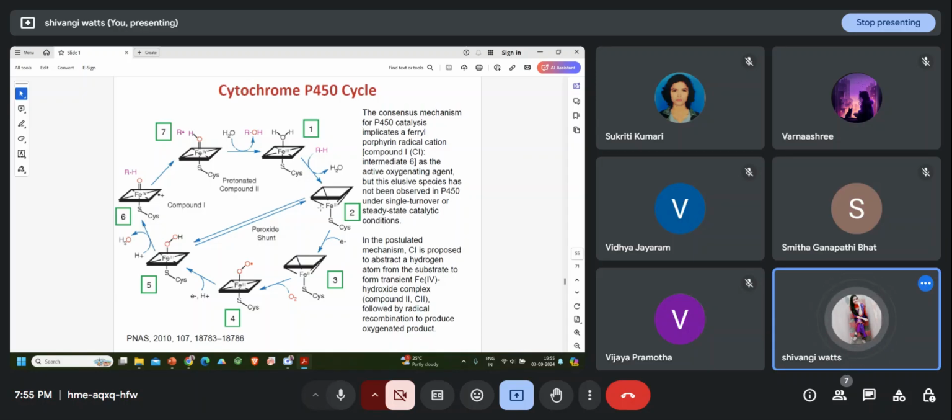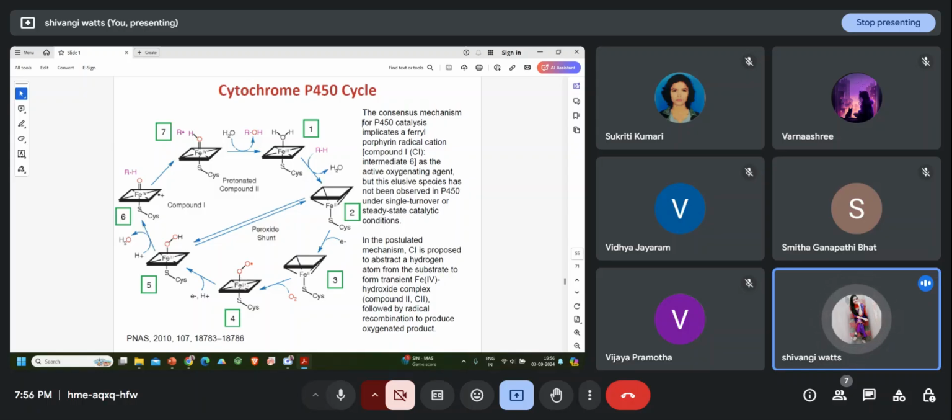Now if Fe3 cysteine takes one electron, it will be converted into Fe2 cysteine. Now if oxygen comes, O double bond O, one bond will cleave, with one radical here and one radical here, and it will take an electron from the iron.